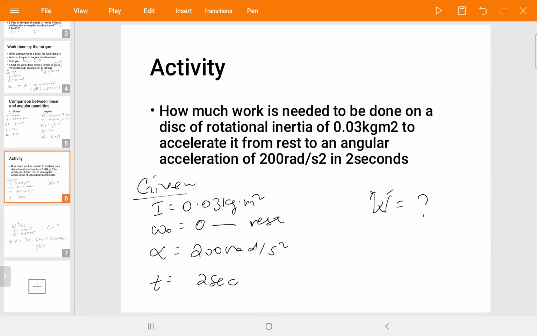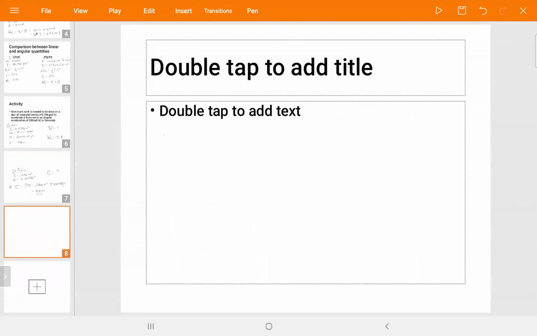As you know, work done by torque is torque times theta. But here we don't have theta and torque. So we have to first get theta and tau. Then how can we get tau and how can we get theta?